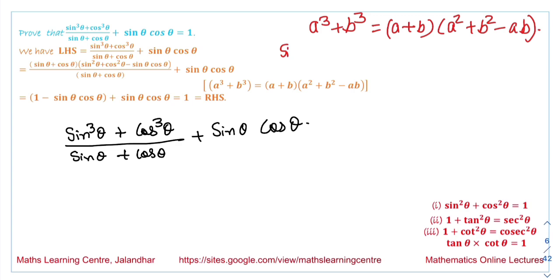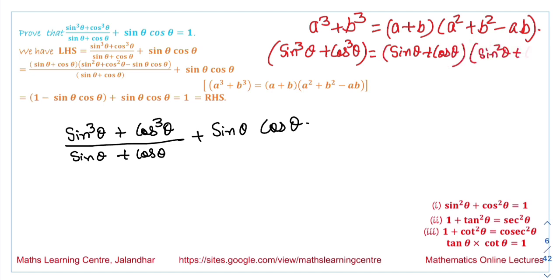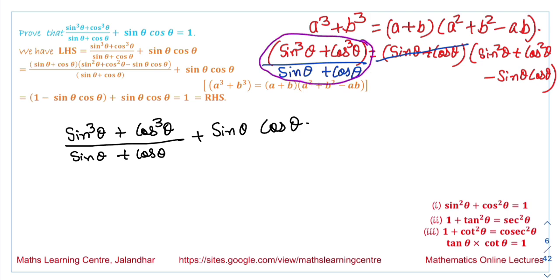It means sine cube theta plus cos cube theta is equal to sine theta plus cos theta into sine square theta plus cos square theta minus sine theta into cos theta. If we divide this term on this side, we get it over sine theta plus cos theta. We are talking about this whole value.